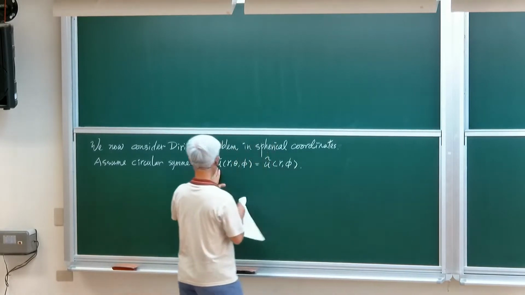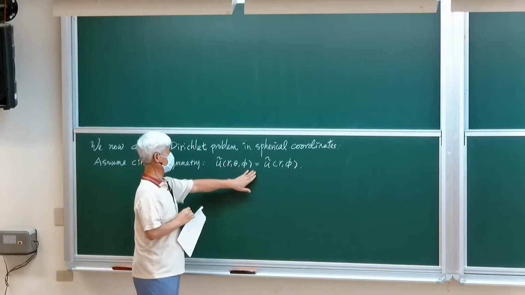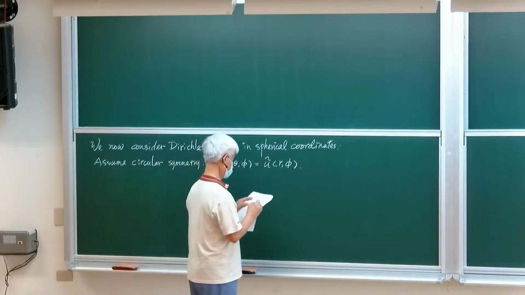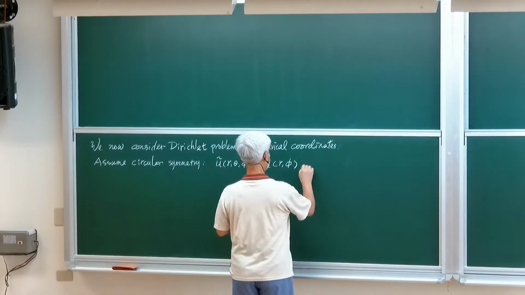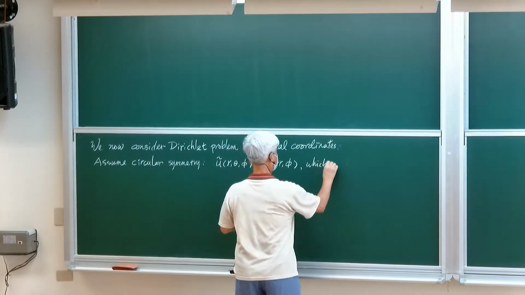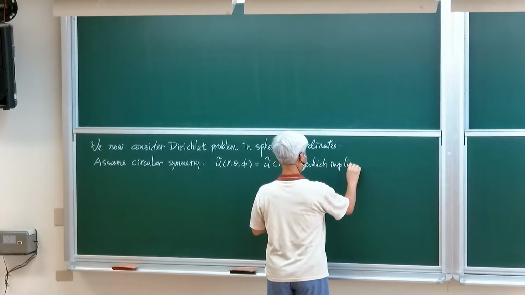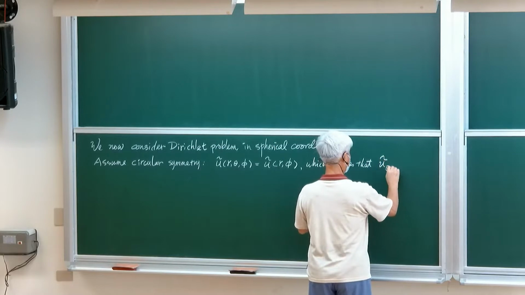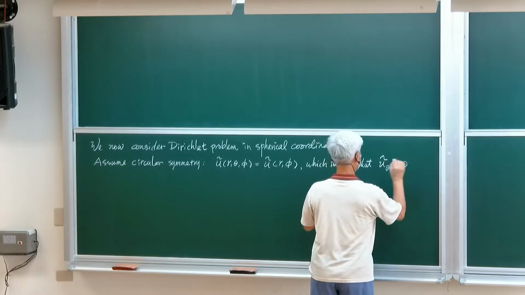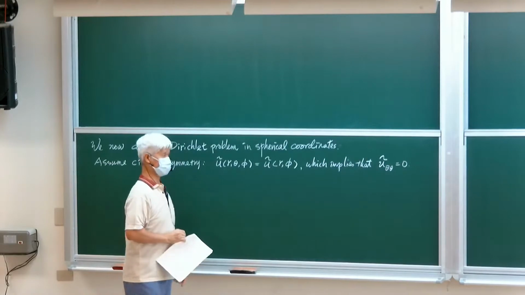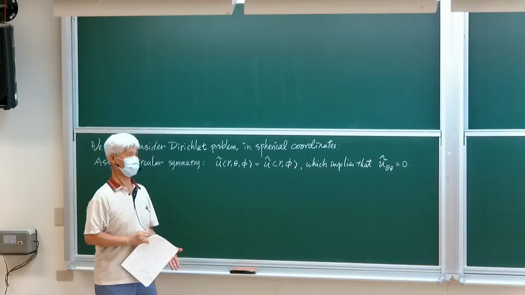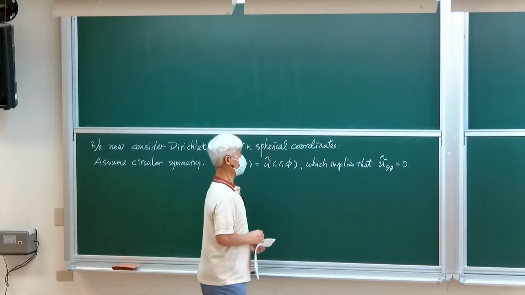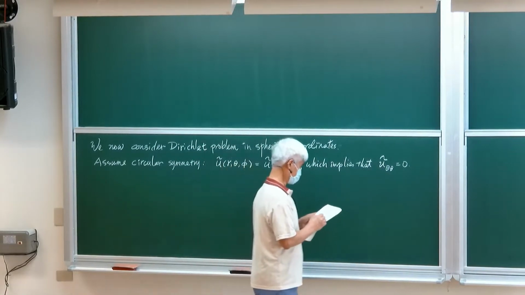So we assume that U tilde is independent of theta, which implies that the partial derivative with respect to theta, especially the second order partial derivative with respect to theta, is 0.